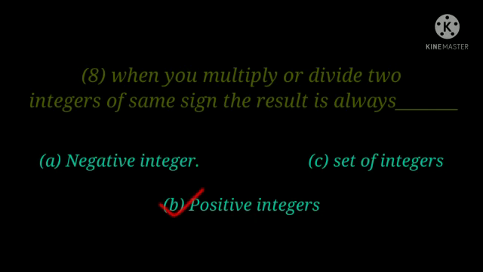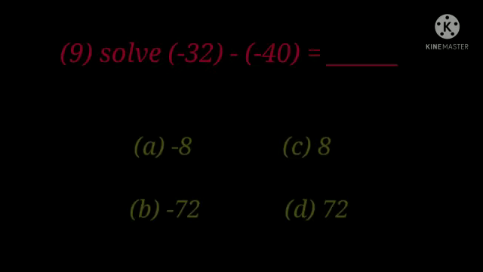Listen carefully. When you multiply or divide two integers of same sign, the result is always positive. If they are of opposite signs, the result is always negative. Now let us see the ninth question.